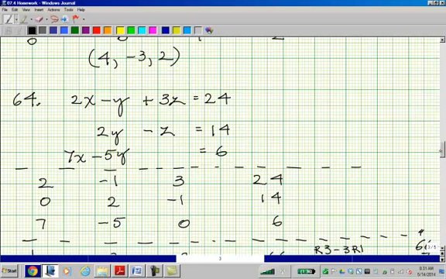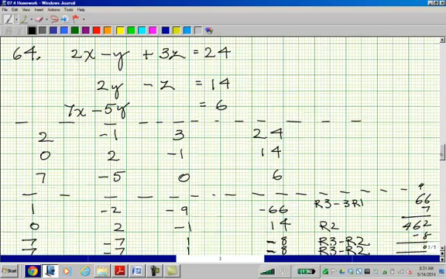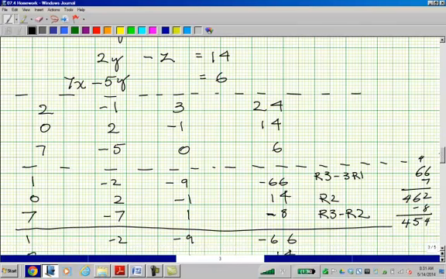It's more of the same. This first row, R3 minus 3R1. Yeah, right, that gives me a 1.